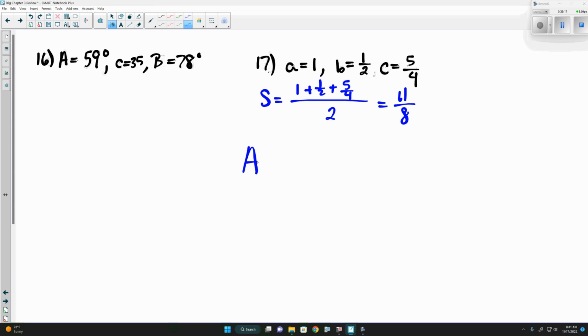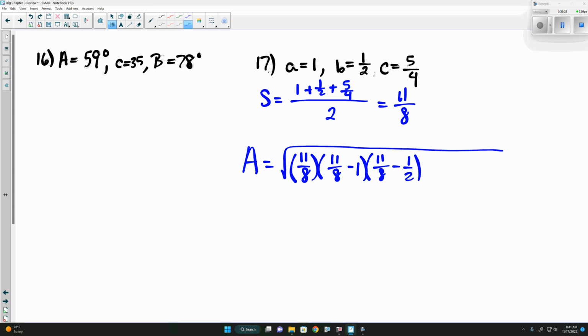To find the area, we take this value, because this is our S, and compute S times S minus A times S minus B times S minus C, and take the square root of it.